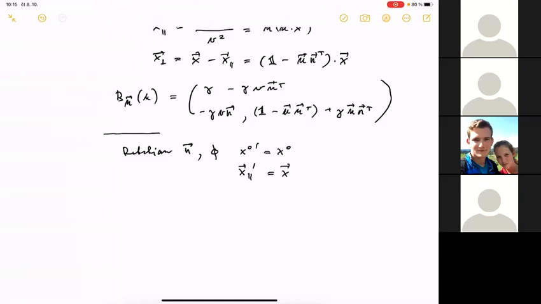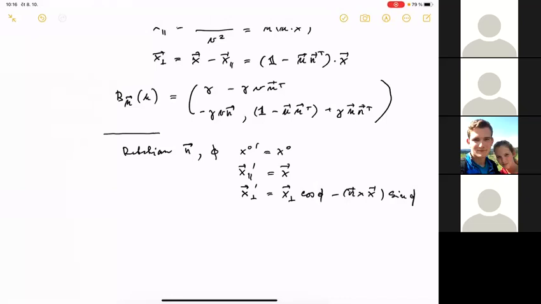And the projection of x which is orthogonal is rotated, and we can write it as the original x orthogonal times cosine phi minus n times x times sine phi.